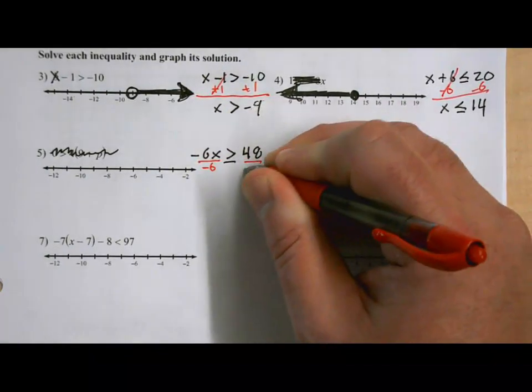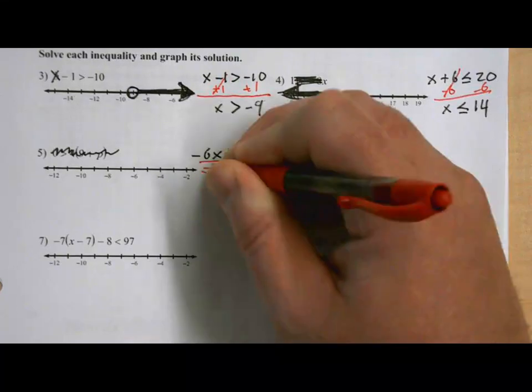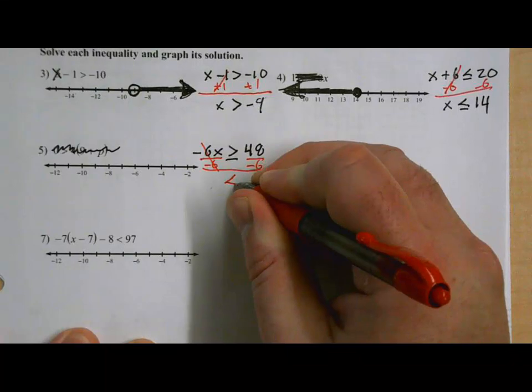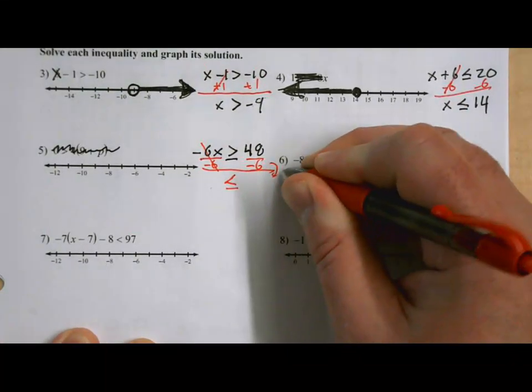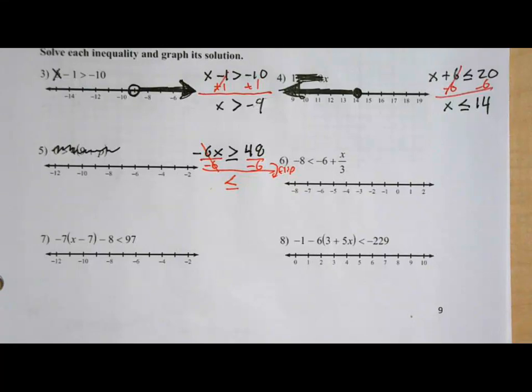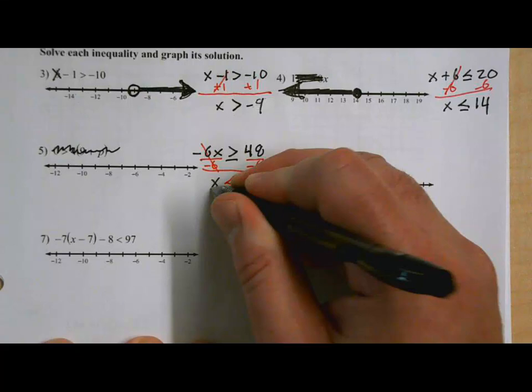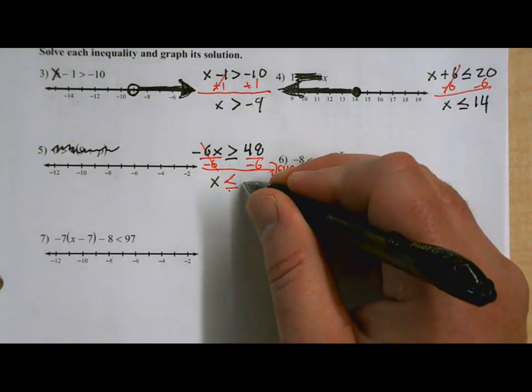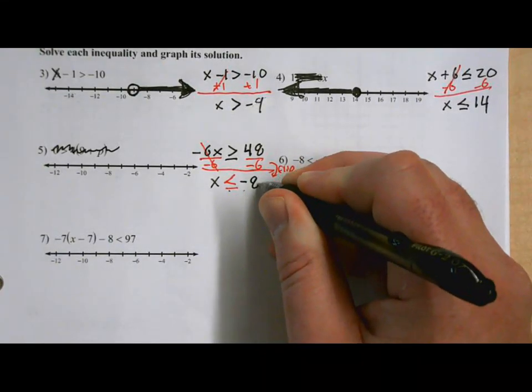Uh-oh. Warning. We just divided on both sides by a negative number. What does that mean? We've got to flip the sign. So we flip the sign around. Now it's x less than or equal to 48 divided by negative 6, which is negative 8.